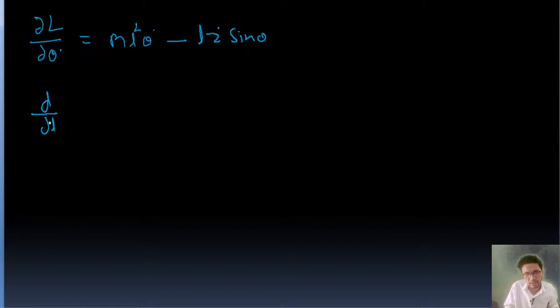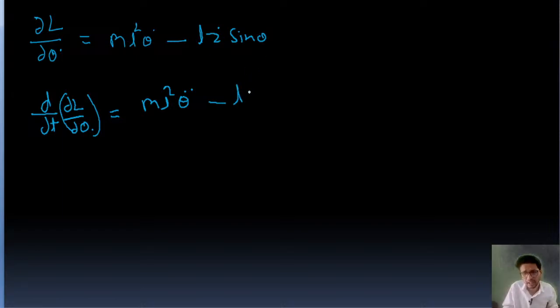Now we'll find d over dt of del L over del theta dot. This is going to be m L squared theta double dot minus L Z double dot sin theta, since there are two functions, theta and Z, minus L Z dot cos theta times theta dot.